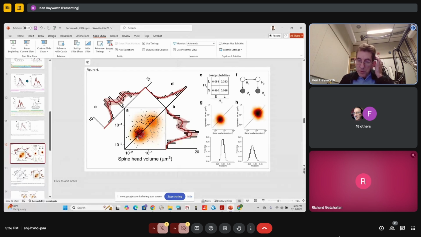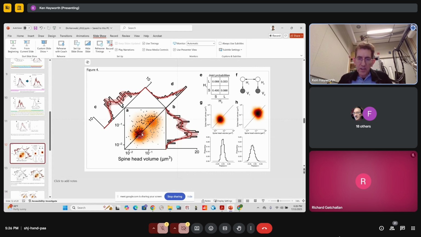So what would you expect in an image like this? Well, first of all, if they were correlated in size, you would expect them to lie along the 45-degree line here. And whereas they are correlated in size and do lie along that line, there is definitely more structure than just correlation between these.